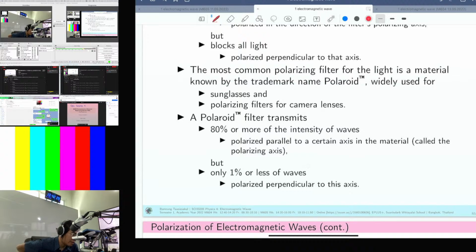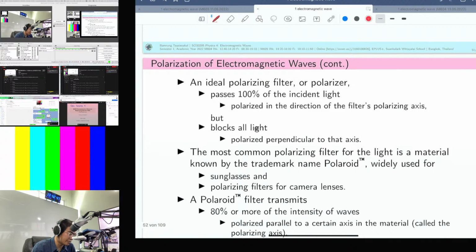It will let 1% of the wave propagate through the vertical polarizing axis of that filter. This is the filter in reality, not the ideal one.